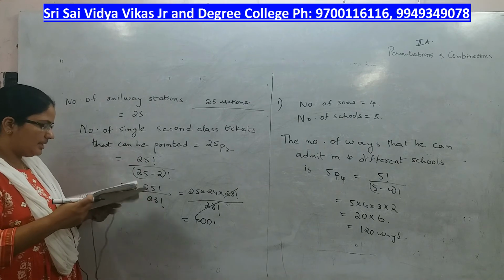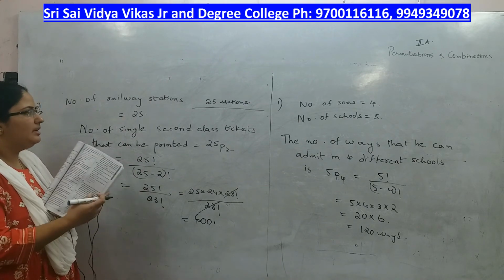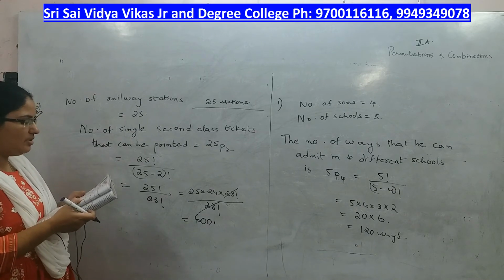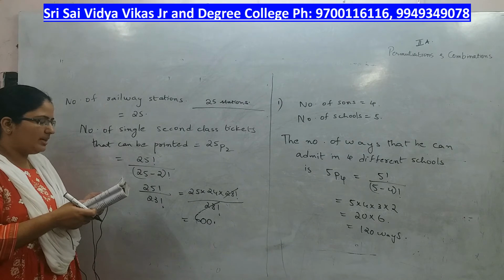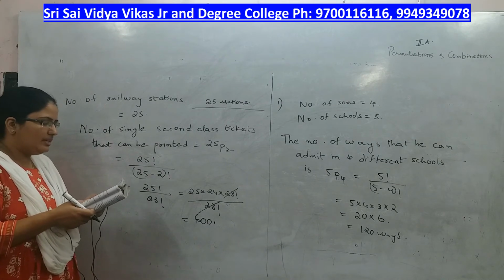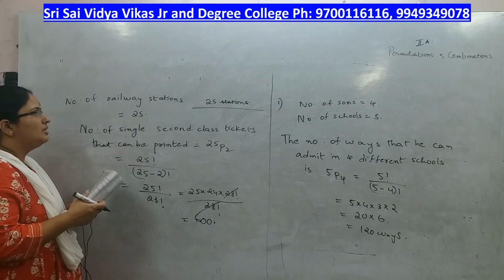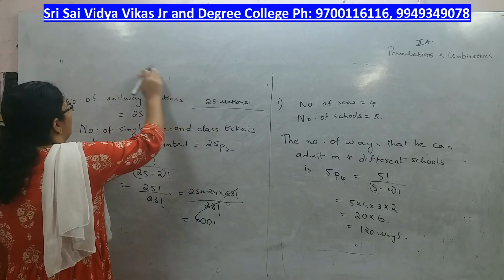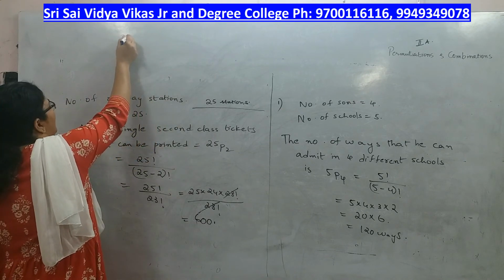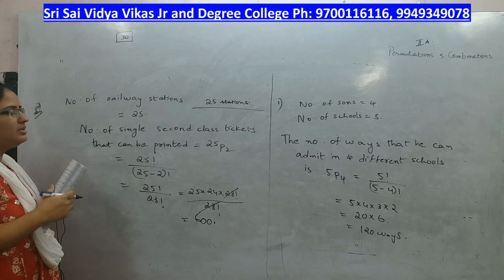Let us discuss the next problem. In a class, there are 30 students. On a New Year day, every student posts a greeting card to all her classmates. Find the total number of greeting cards posted by them. So every student will post a greeting card to all the other students.